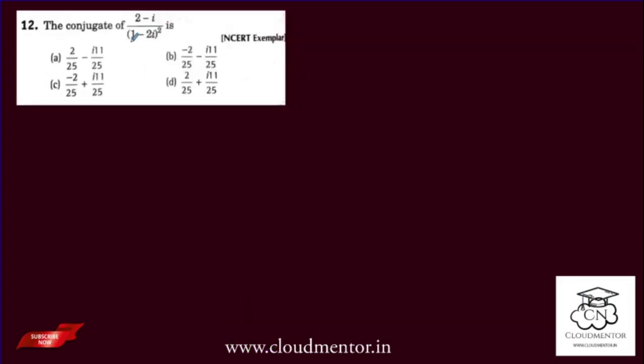The conjugate of (2 minus i) by (1 minus 2i) the whole square is dash. So taking the conjugate, let's find it. The conjugate of z is z bar.